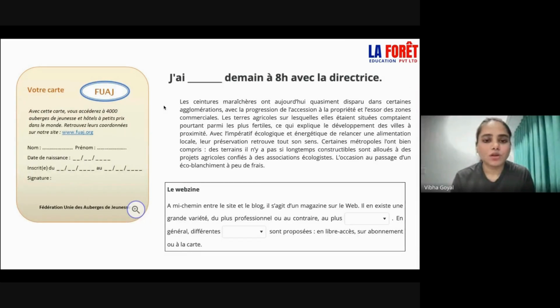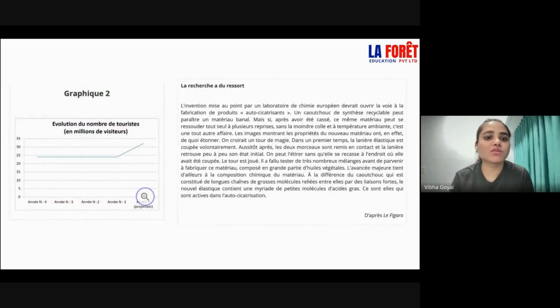Okay, we'll go to the next section. Oh no, we have more options. So we have the graphs. As I told you, this is the document where we have the graphics. There is one graphic for this one. There could be multiple graphics in the same question, like different pie charts or a Venn diagram.